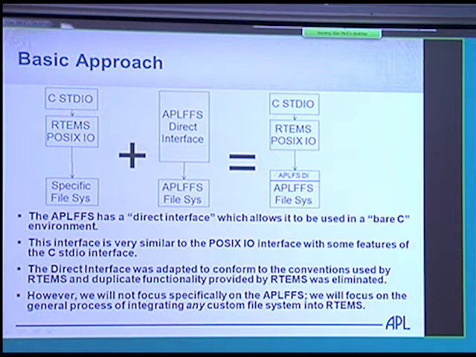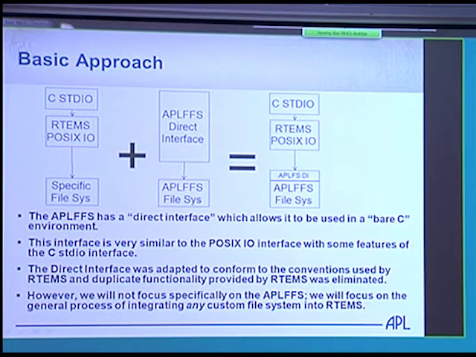That's represented by the small box down there. Now what we have, our source code as we developed it, has the APL flash file system direct interface, which basically mimics the POSIX I/O interface.